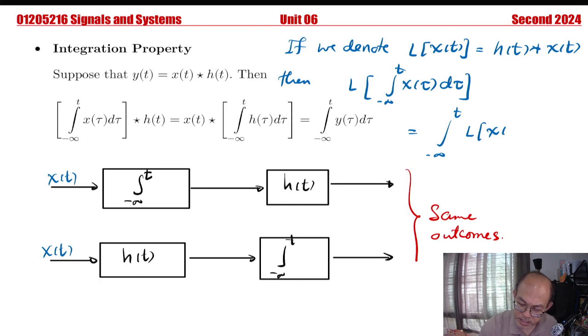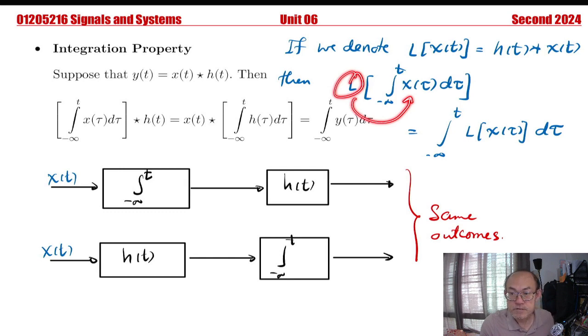We have to change it to x of tau and d tau. We could take the operator L inside the integration without changing the outcome, just like the derivative. Okay.